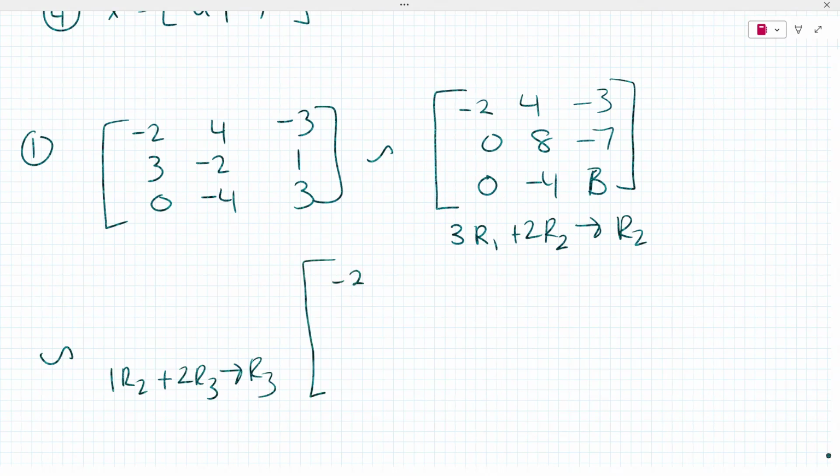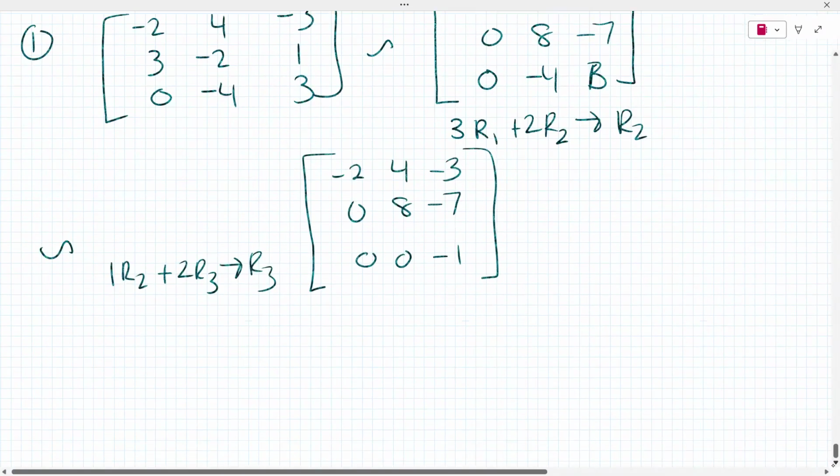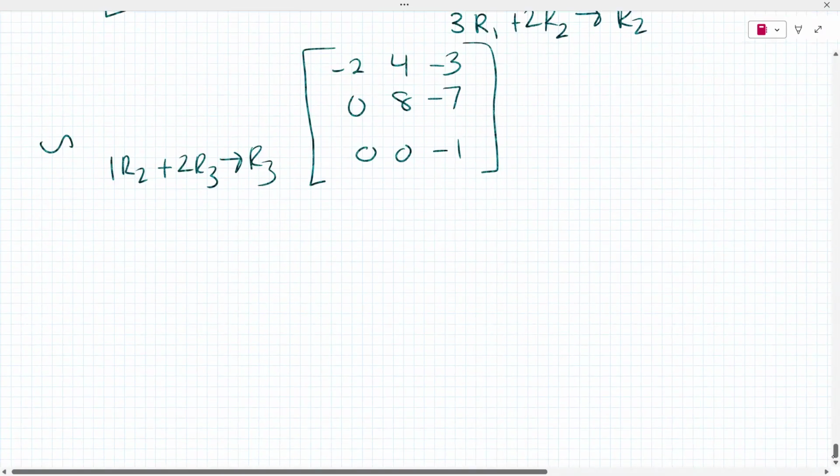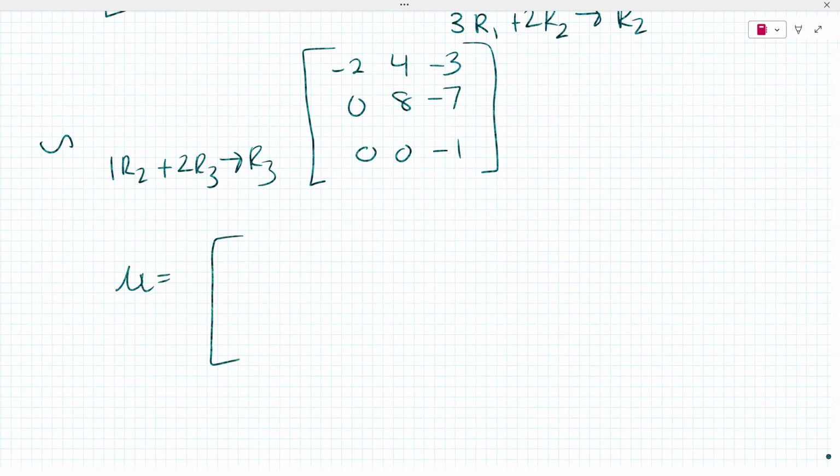That's -2, 4, -3, 0, 8, -7, 0, 0, -1. So your U matrix is -2, 4, -3, 0, 8, -7, 0, 0, -1. Okay.